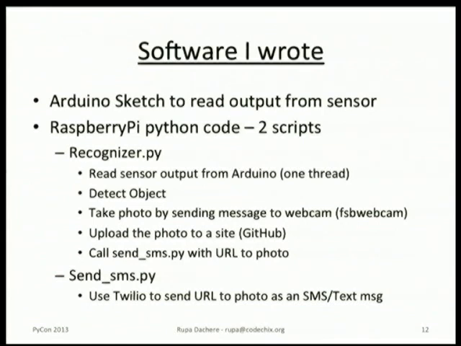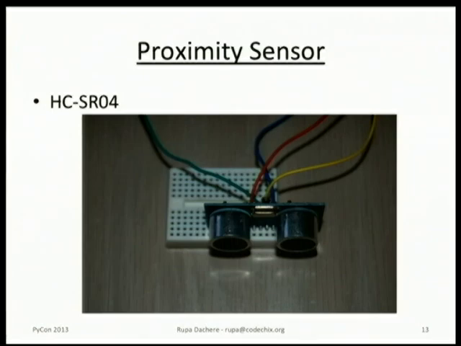It tells the webcam to take a photo, and I'm using FS Webcam for that. It uploads the photo to the site, I'm using GitHub, and then it calls sendsms.py to actually send a text message. In sendsms.py, I use the Twilio APIs to send the URL to my text message. All of this is about maybe 65 lines of code, maybe less, and it can be optimized a whole lot more once I have time. So yeah, it's pretty painless.